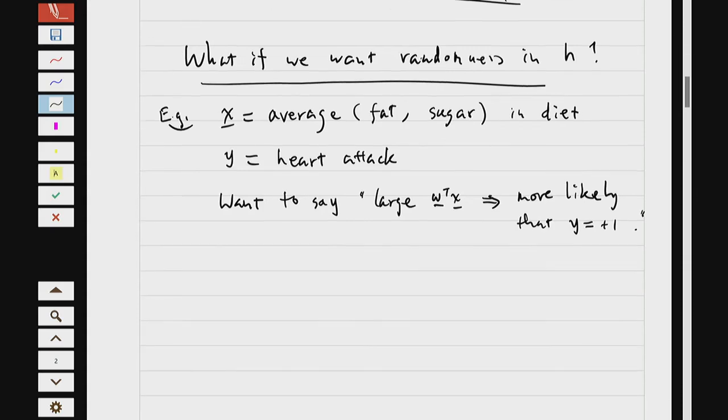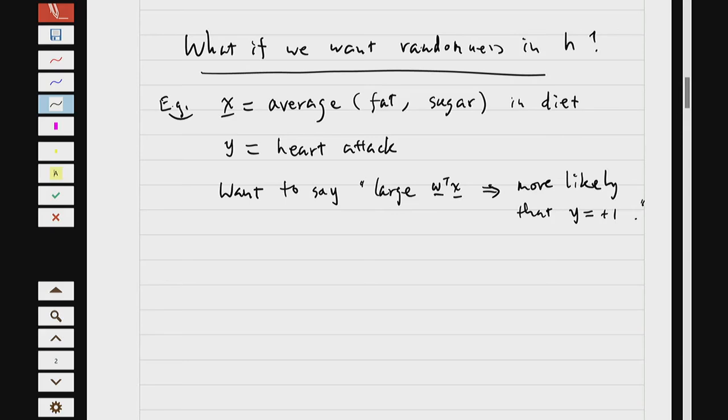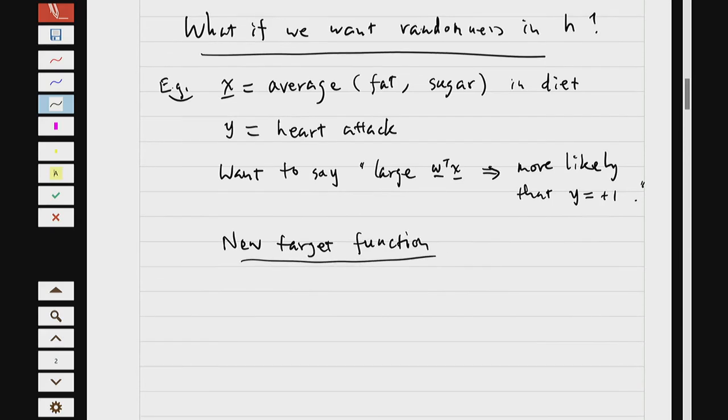Now we want to have a random, probabilistic one. So we have defined a new target function in this case, which is probabilistic. So let's call it fp of x instead of just f of x.